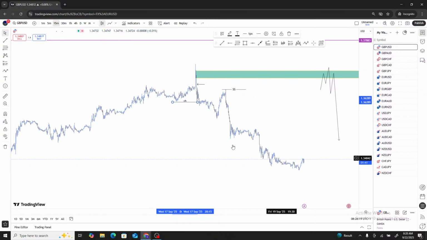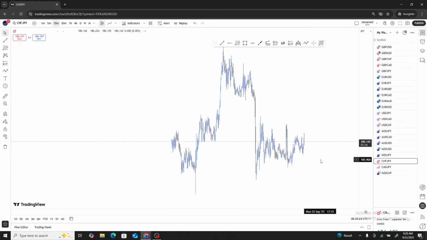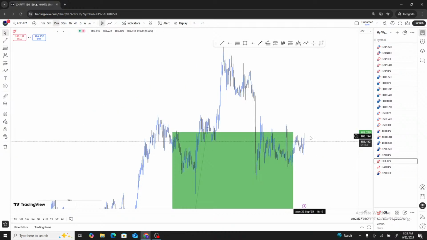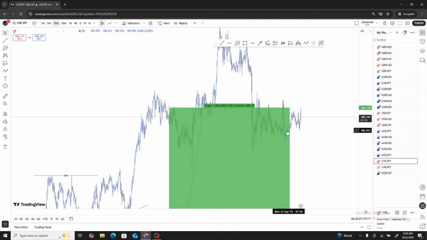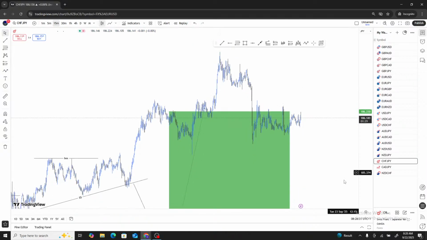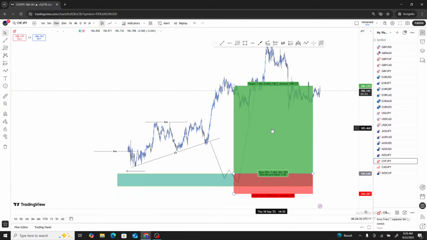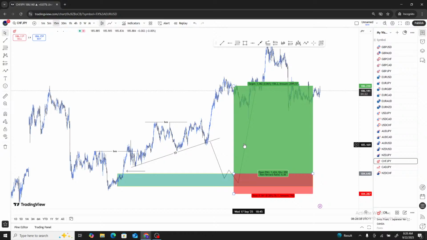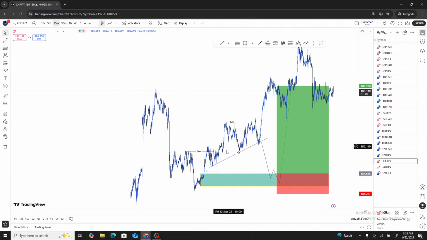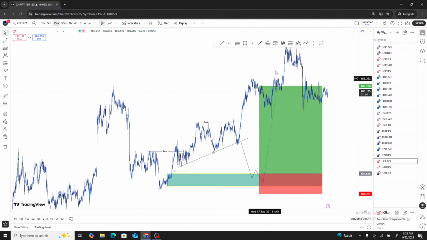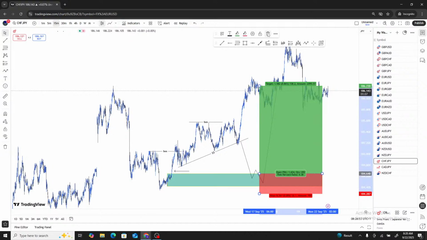Okay, that being that, I have another pair, maybe CHFJPY from last week. I've been looking at this pair. Last week we analyzed this pair. As you can see, the market is still moving in higher highs and higher lows, and it hasn't gotten to this extreme order block.